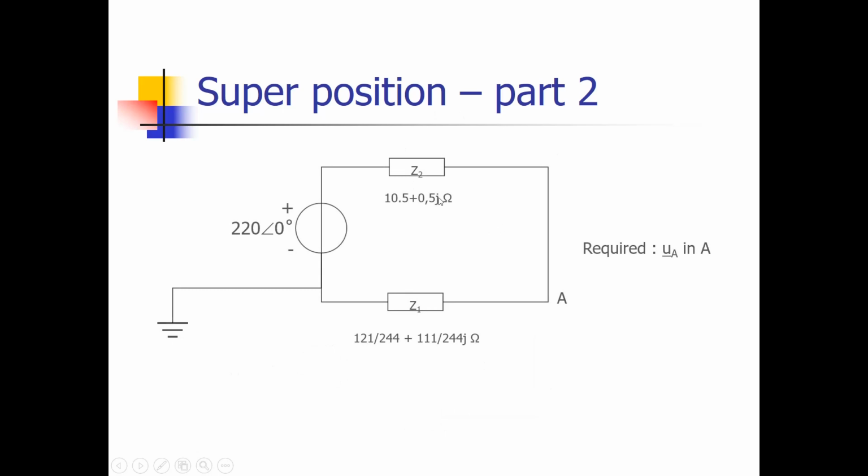And when we do that, we have the same as we saw in part number 1. We have a Z1 over here, which is this expression, and we have a Z2 over here. And we can do the voltage division rule.